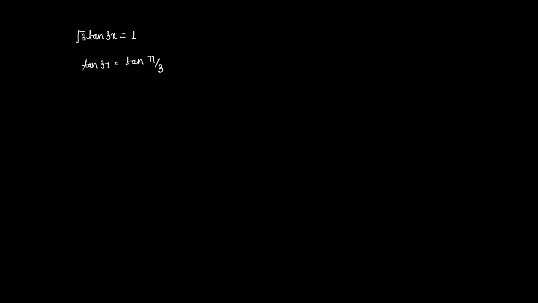Okay. So 3x we can write as n pi plus pi by 3. So the general solution of this trigonometric equation, simplifying further, x will be n pi by 3 plus pi by 9.